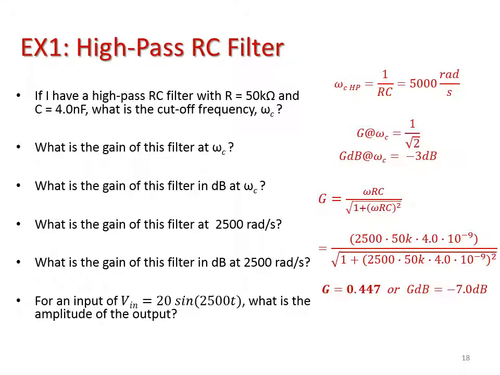Solving again for an input of Vin equals 20 sine 2500t, what is the amplitude of the output? We multiply our gain of 0.477 times the 20, and that brings us down to around 9 volts.